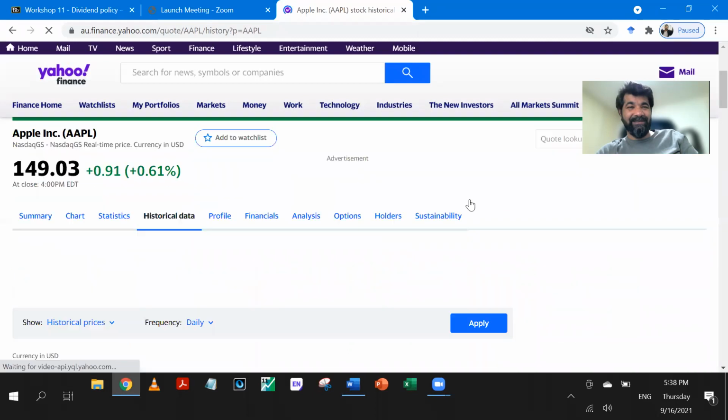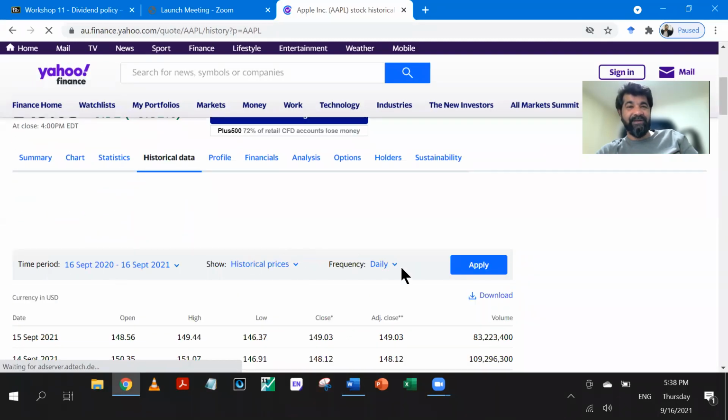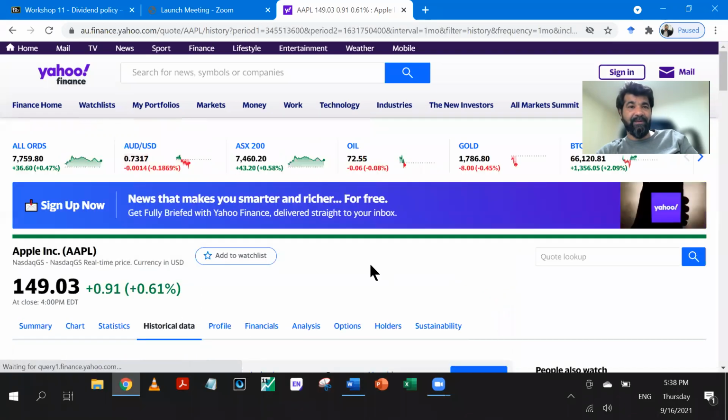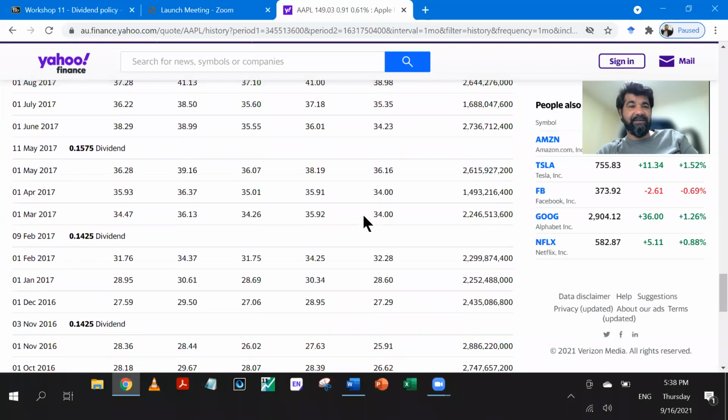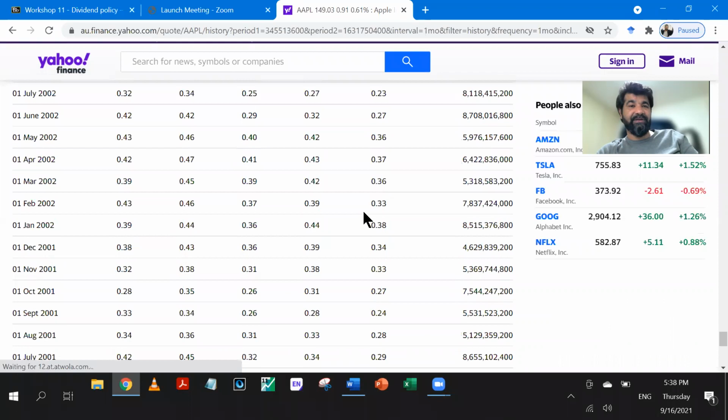If we go to historical prices, I don't want the daily, let's go for monthly. Historical prices, maximum. Now you can see here that Apple paid dividend, but look at here, no dividend was paid.